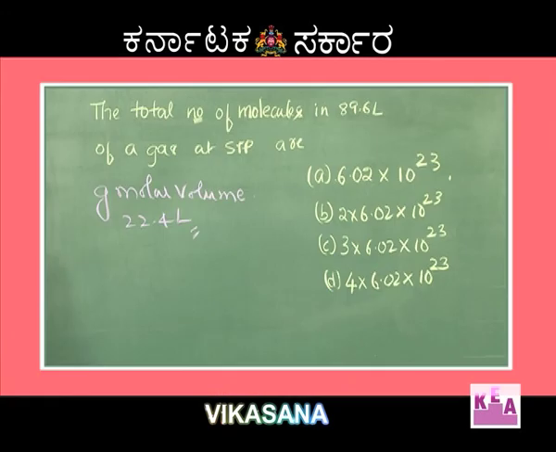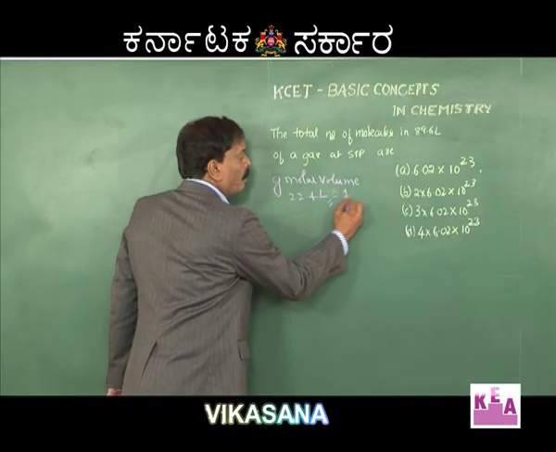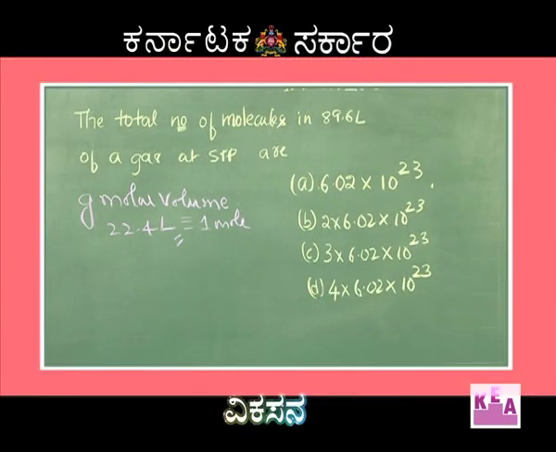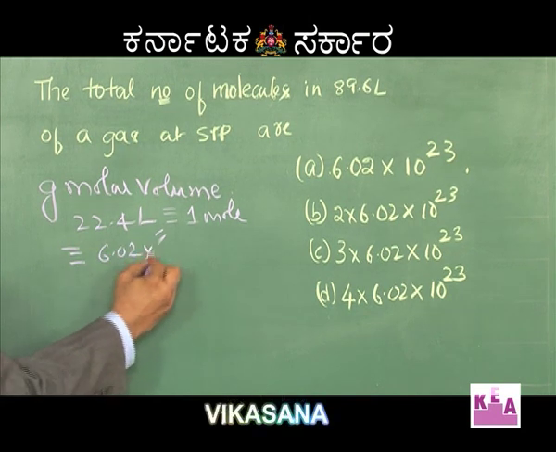Now, in this case, it is said 89.6 liters of a gas at STP. 22.4 liters of any gas at STP is equivalent to 1 mole. And in 1 mole of the gas, the number of molecules will be equal to 6.02 into 10 power 23.